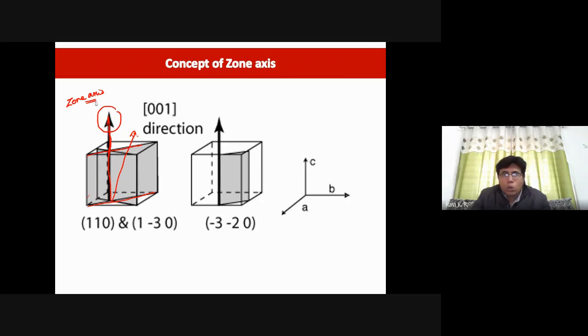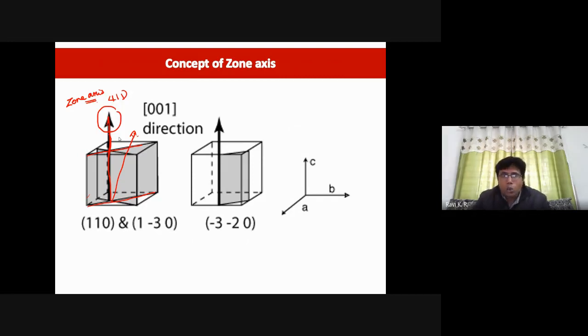To identify the zone axis, basically the vector cross product. Let's say this is a direction. If these two planes are lying in this direction, when you do the vector cross product it must be 0. We will see that.